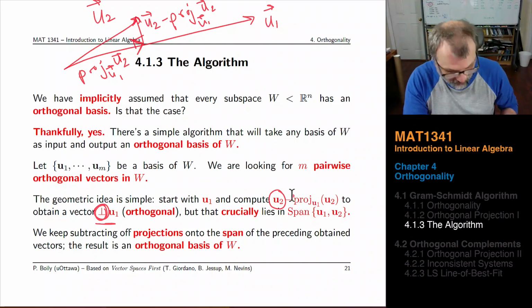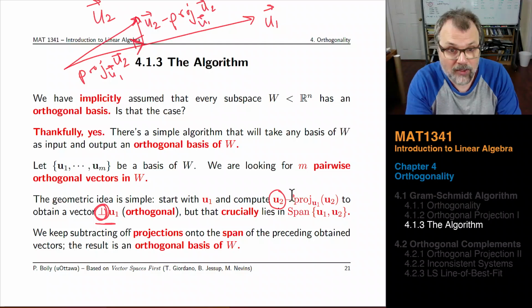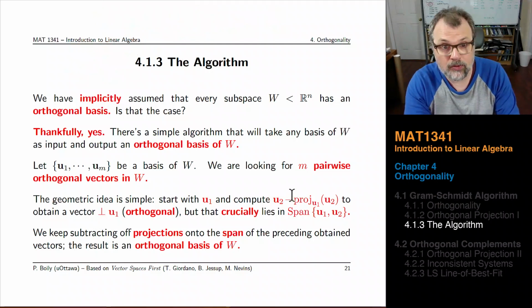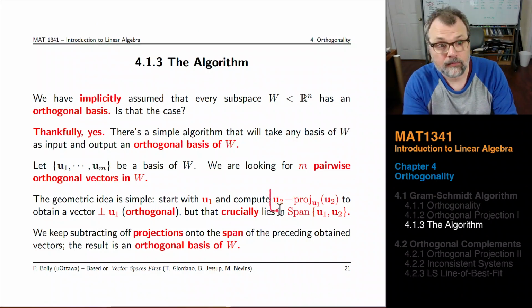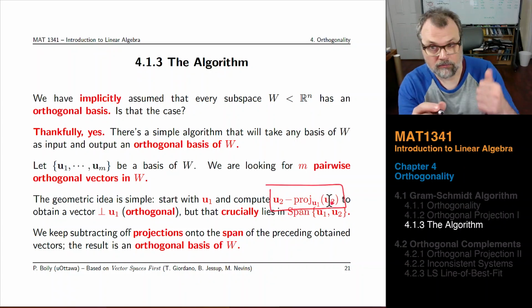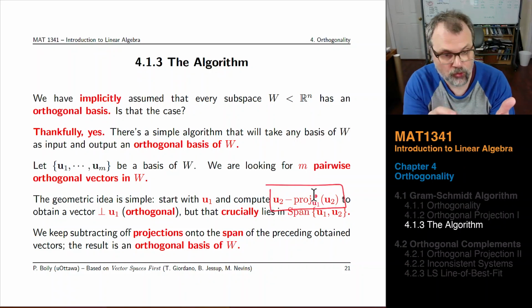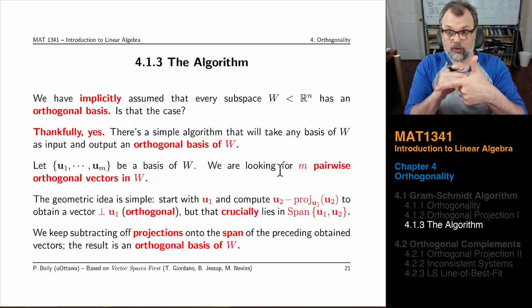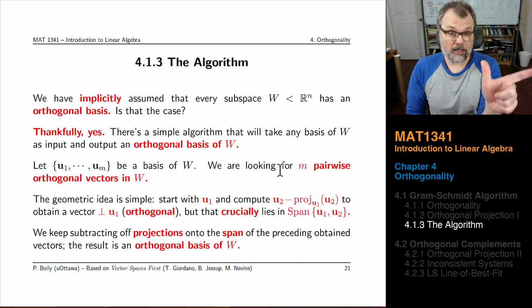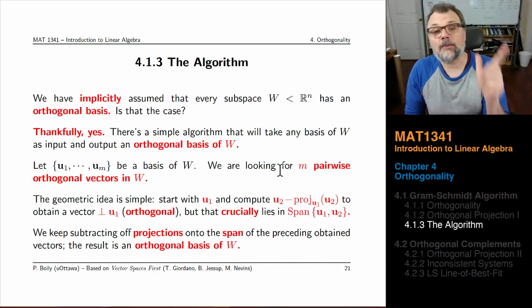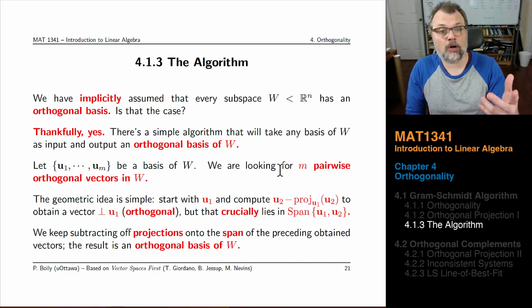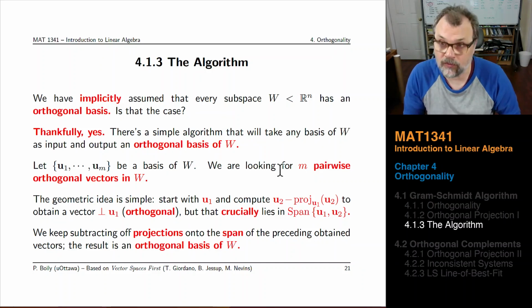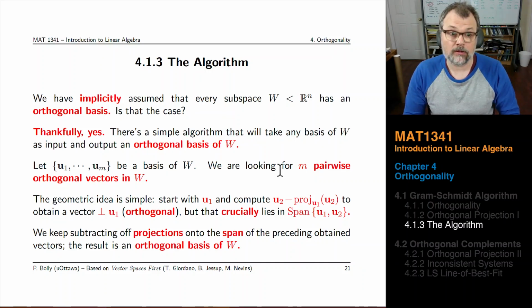So what I have here is a linear combination of u2 and u1. So u1 exists, u2 minus projection of u2 onto u1 is perpendicular to u1, so I've got the orthogonal part here, and they span the same set. u1 and u2 span the same set as u1 and u2 minus the projection of u2 onto u1.